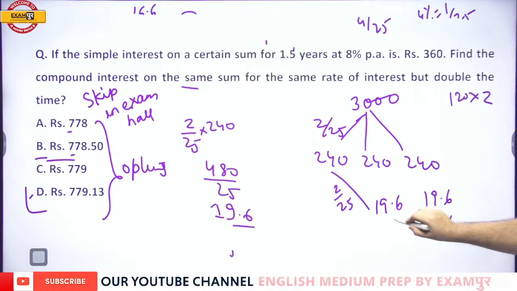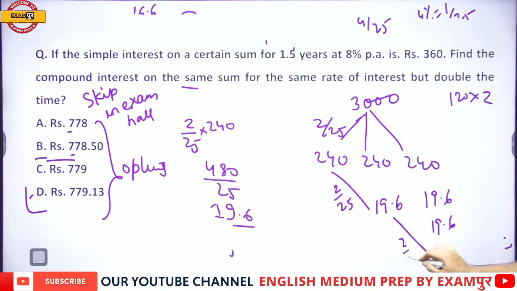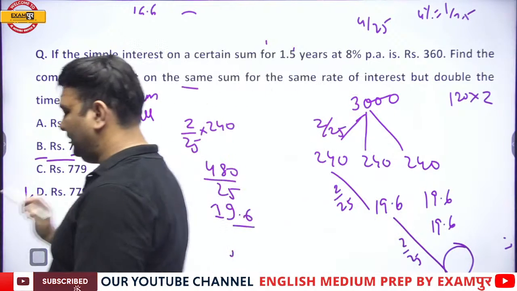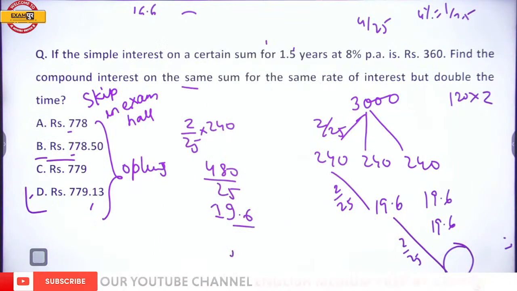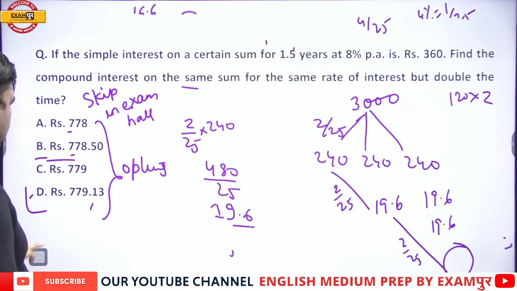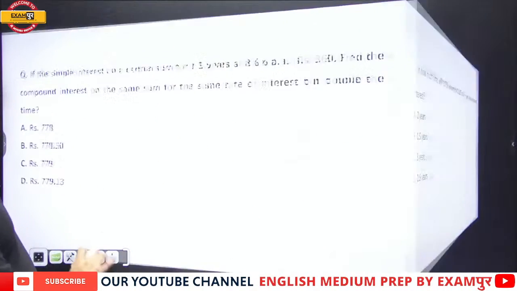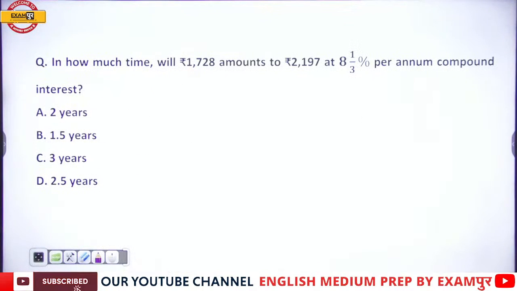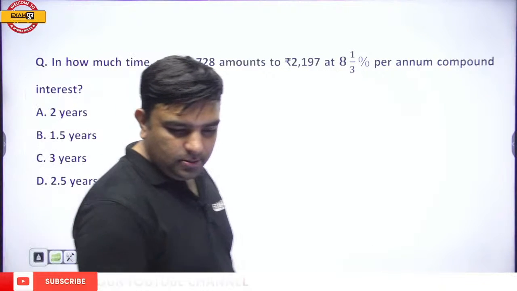Then 1A. Then 1 time 2 by 25 of this as well. So when you add all these, you will get exactly this. Yeah. So this definitely needs to be skipped in the exam.